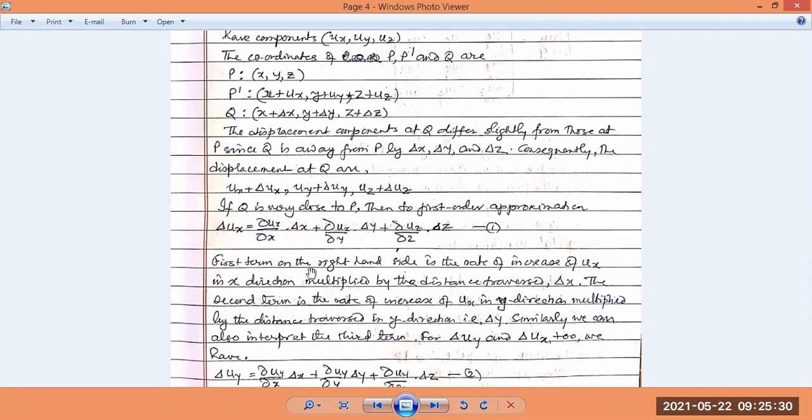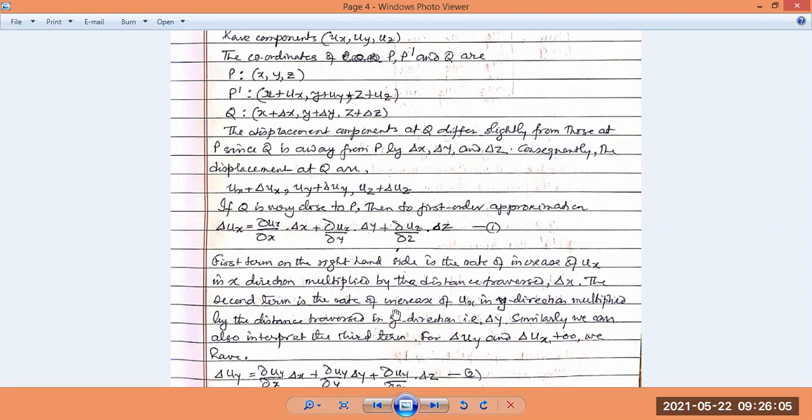On the right-hand side, the first term is the rate of increase of ux along the x-axis, multiplied by the distance traversed, which is the change in the coordinates, delta x itself.